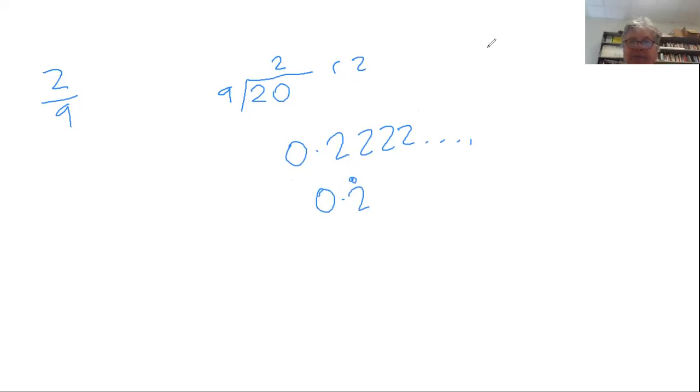The convention is to put a little dot over the 2 to say that it's repeating. Okay, if we go back now, let's have a look at base 60. Let's do that computation now. We've got 2/9, and we're going to do base 60. So we're going to raise by 60. 2 times 60 is 120, and we're going to divide by 9.